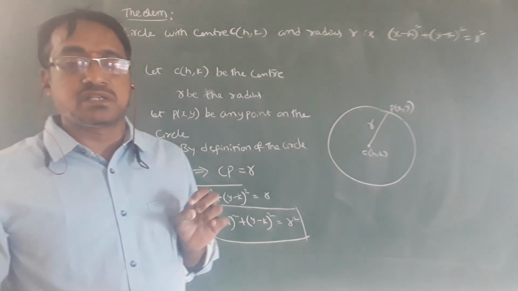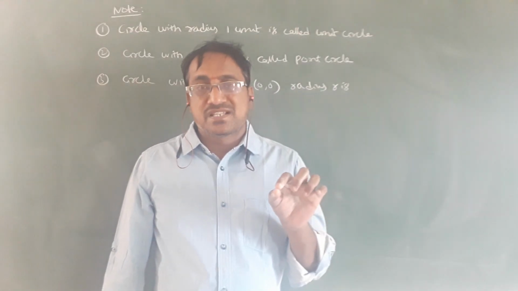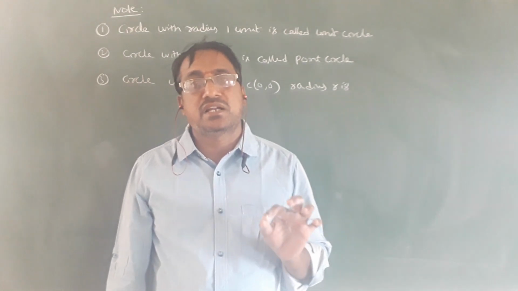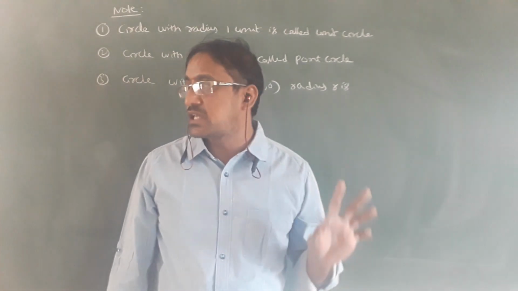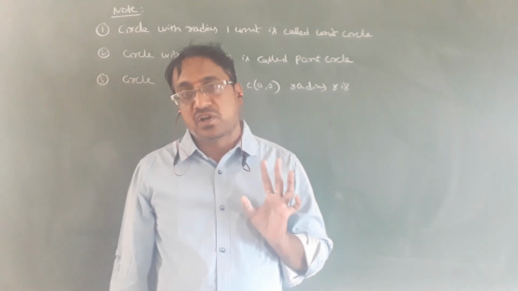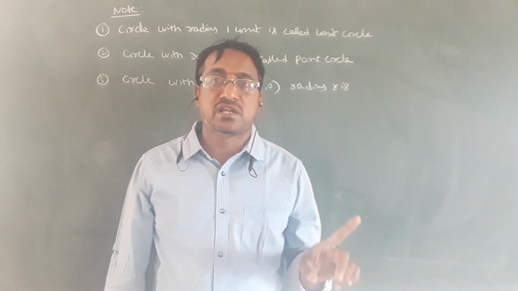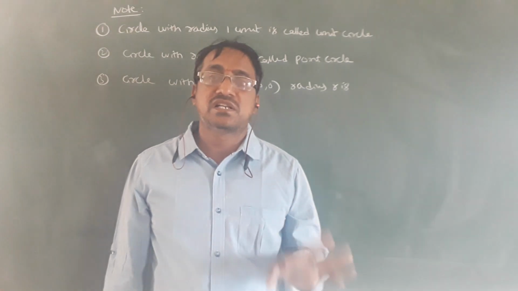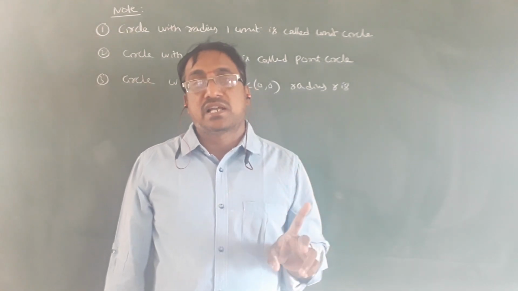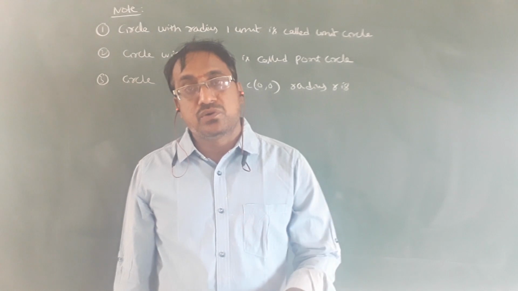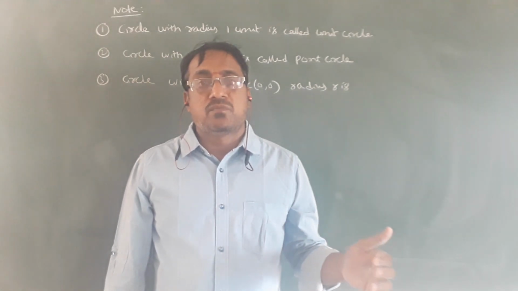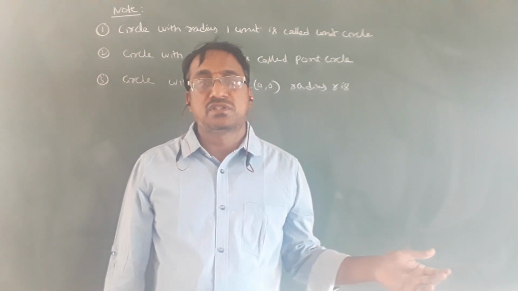Very important concept. Now if a circle has radius 1 unit, then that circle is called a unit circle. Remember this point. If a circle has radius 0, you can see more examples in problems.